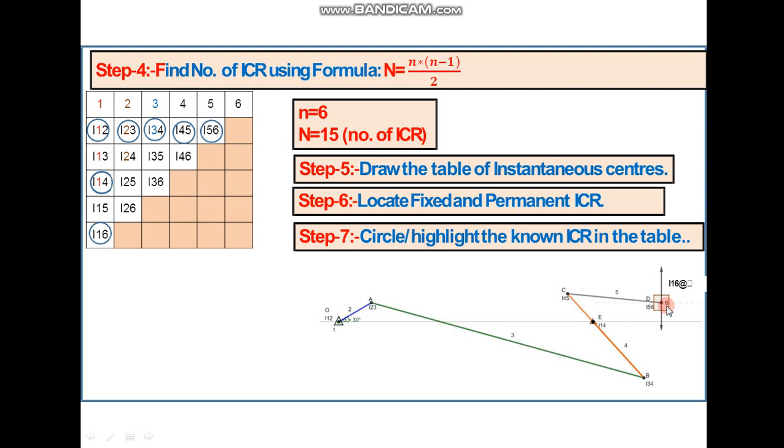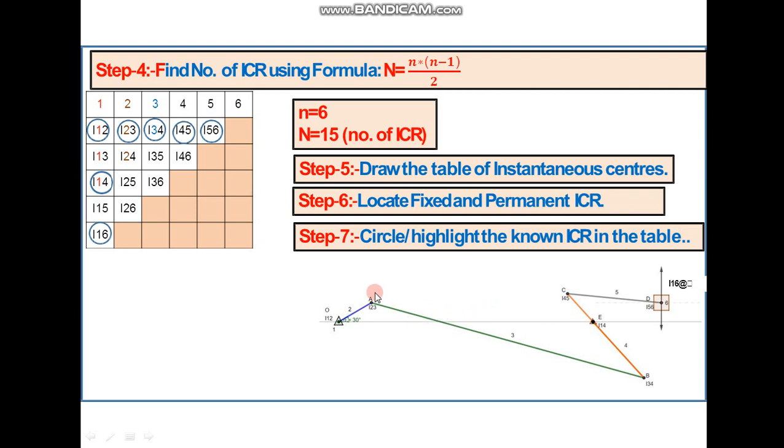Keep in mind here, when there is a slider, the ICR must be on a perpendicular path at infinity. So I16, I14 and I12 are the fixed ICRs I located at their junctions. Next, the permanent ICRs are those ICRs at the junction of the links.